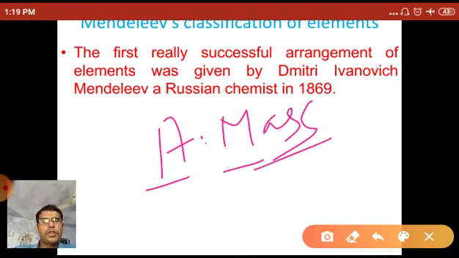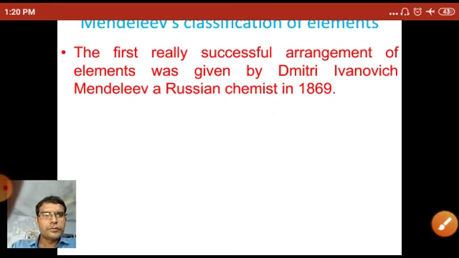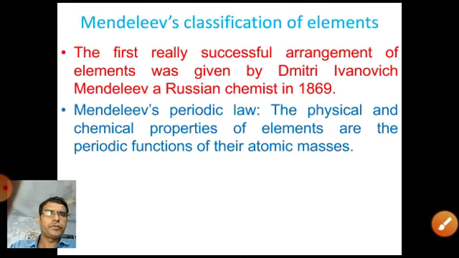That means the hydrides and hydroxides of similar properties of elements are repeated after regular intervals when the elements are arranged according to their increasing atomic mass, and he made a law, and that law was called the Mendeleev periodic law.